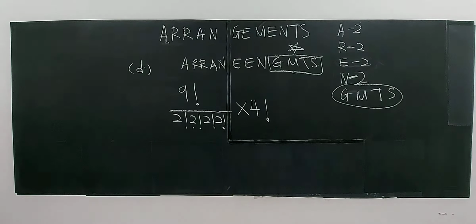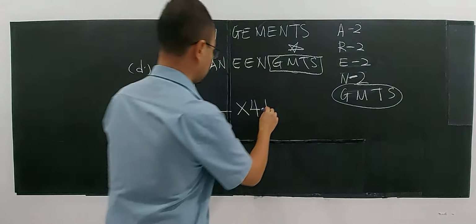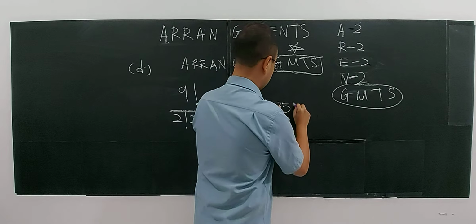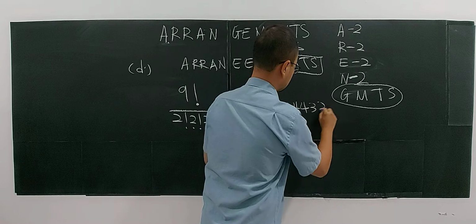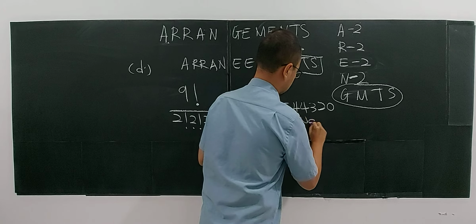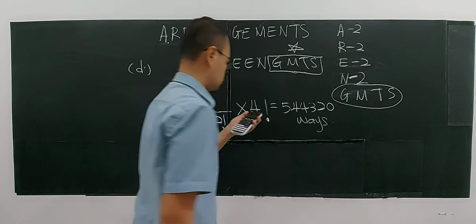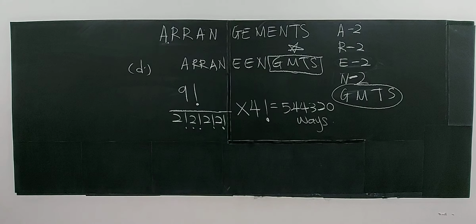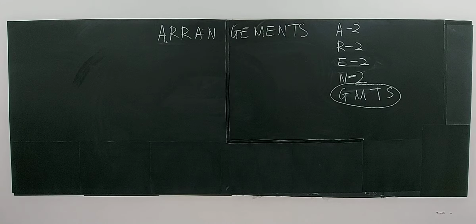So let's see what's the answer. Which gives you 5, 4, 4, 3, 2, 0 ways. By now, I hope you already understand how to do this type of problem. Alright, let's go for the last question.